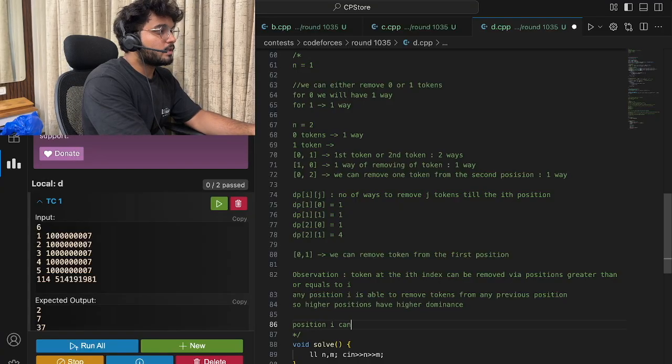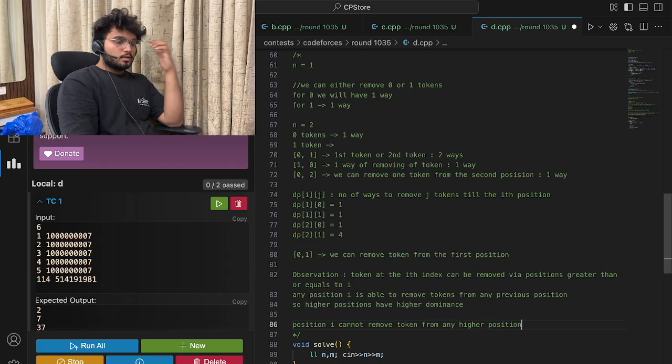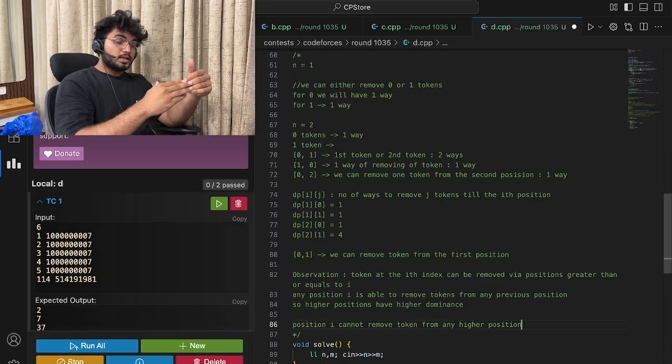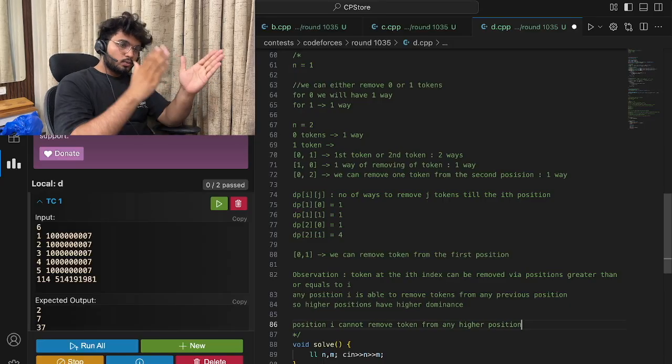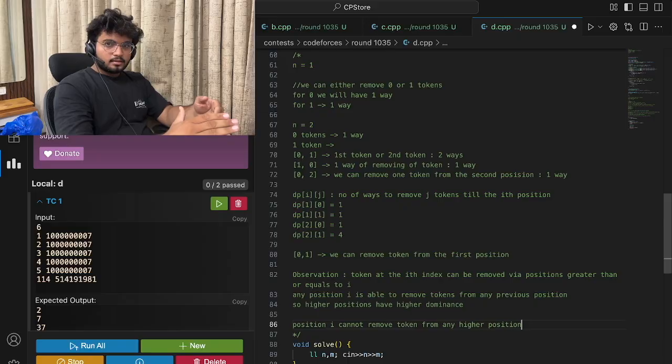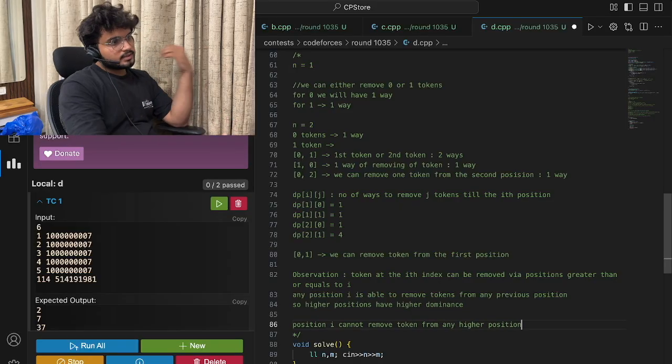Position i cannot remove a token from any higher position. Why? See, if the fifth position can only have values 0 to 5, it cannot remove values which are greater than 5, right? Because for a_i the higher point is i, so i plus 1, i plus 2 doesn't make sense.